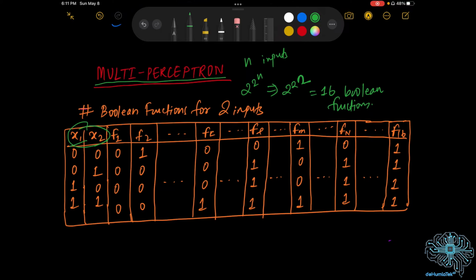Within this table we can see the AND gate and the OR gate, and I'm showing two functions because they have some significance in artificial intelligence. This is XOR, and this is not XOR, which is XNOR.